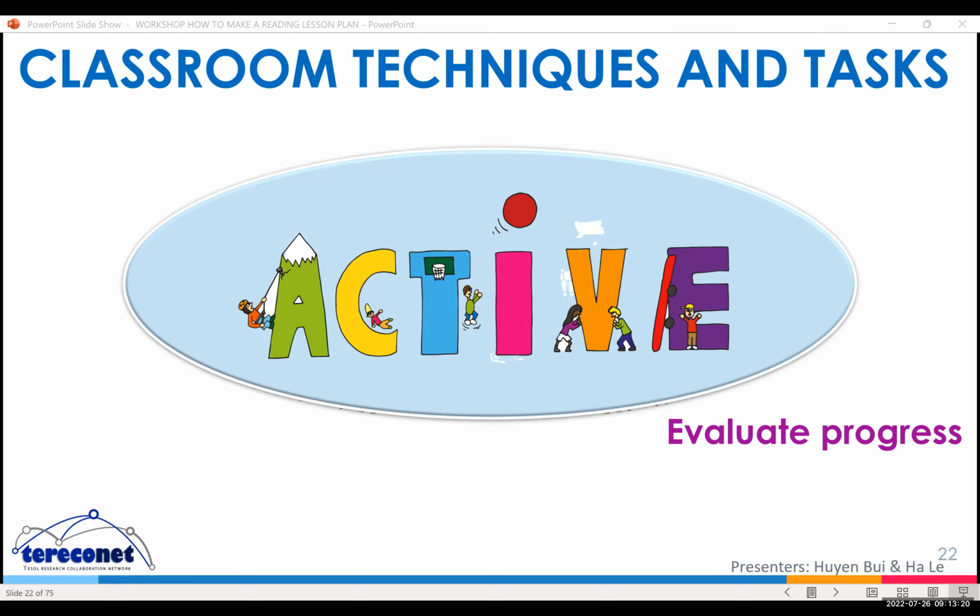Now please help me to think of the other phrases to describe the classroom techniques and tasks. What verb begins with letter A? What verb begins with letter C? T? I? And V?